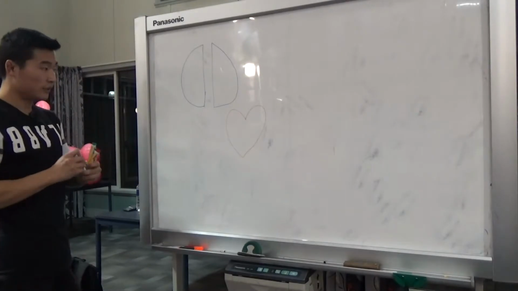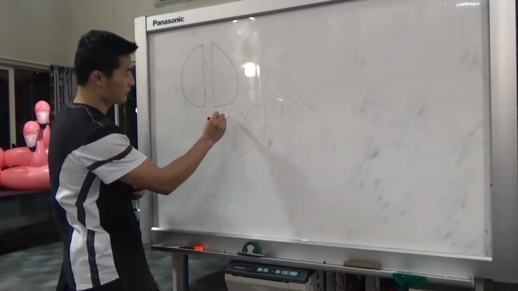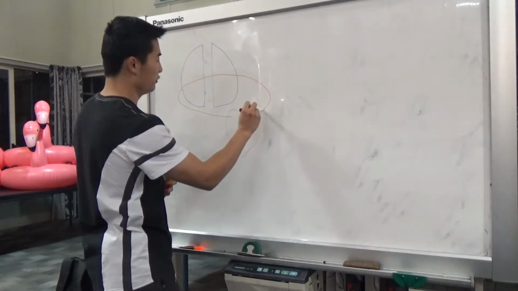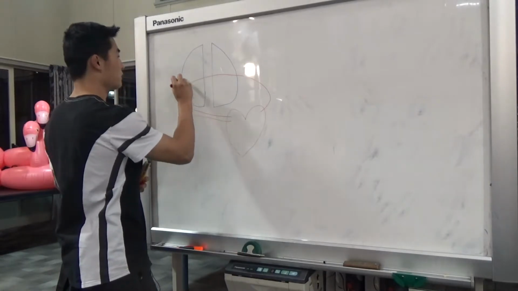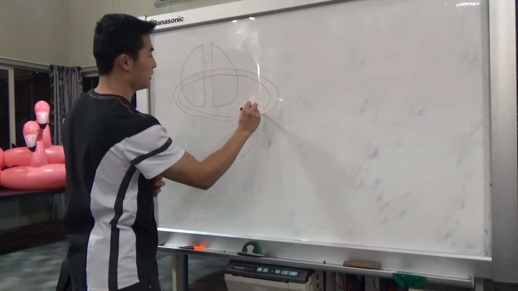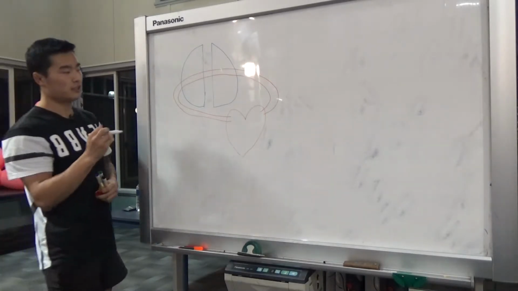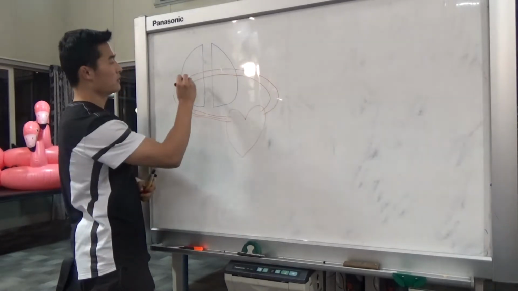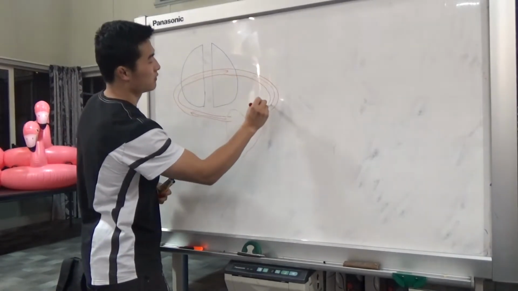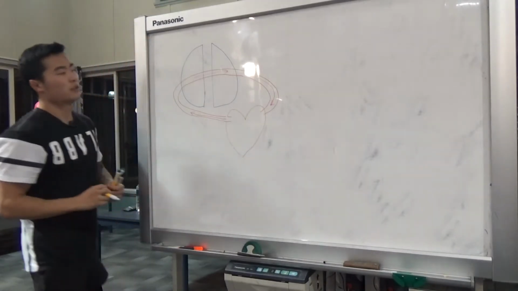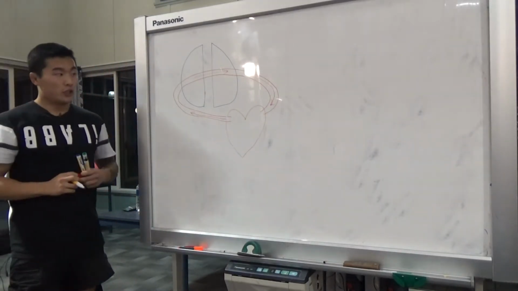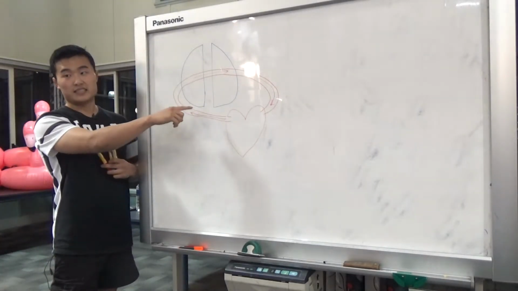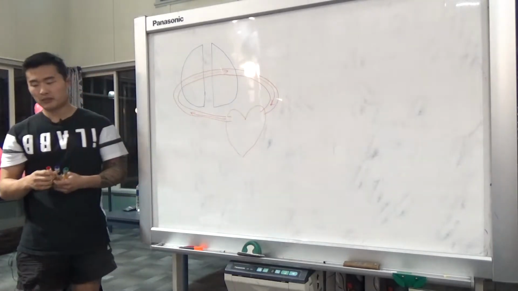And so blood goes from your heart, it gets pumped through the lungs, so it gets oxygenated. So you have deoxygenated blood coming out of the heart, and then it's going to pick up oxygen from the lungs.